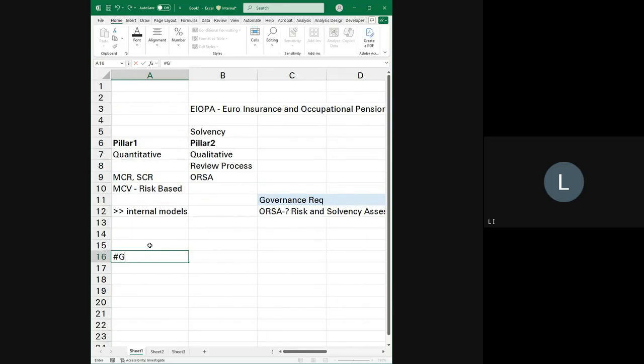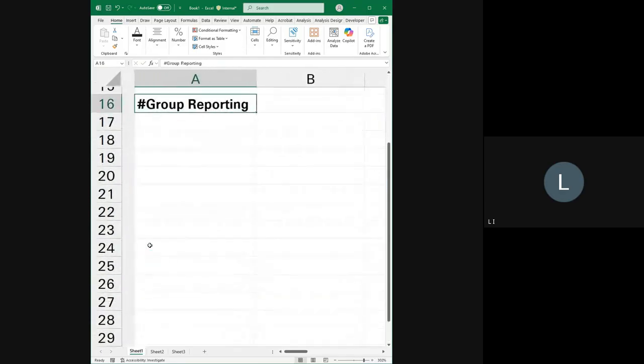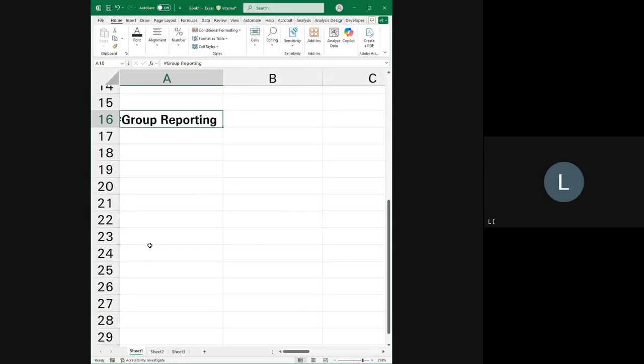What do I mean by that? You'd have heard about companies like Prudential, companies like AIA, companies like Aviva. They have a lot of other entities selling business in a lot of jurisdictions.